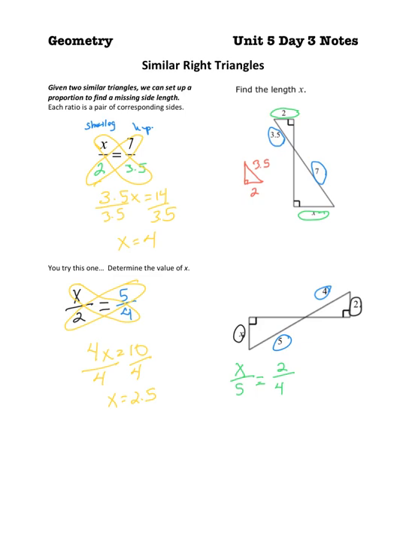All right, so let's do the math on this one. Again, cross multiply, and we have 10 equals 4x, divide by 4. 2.5 equals x.